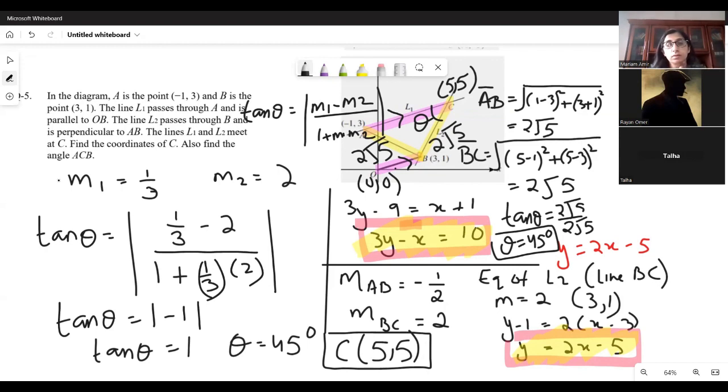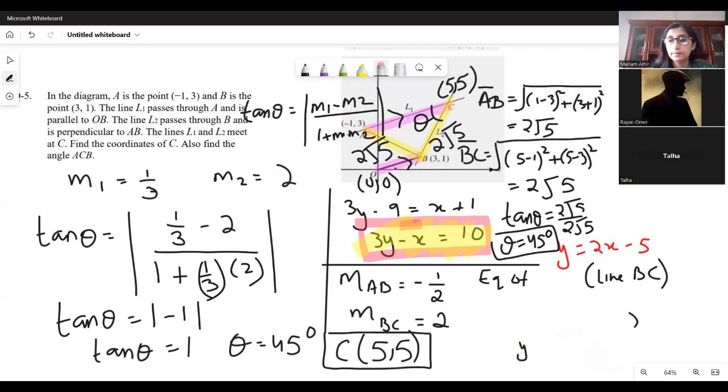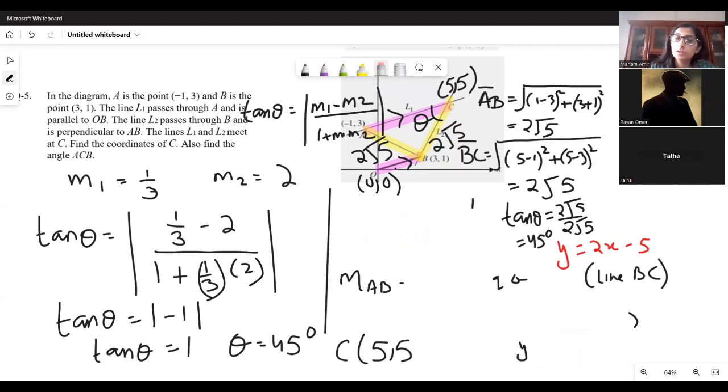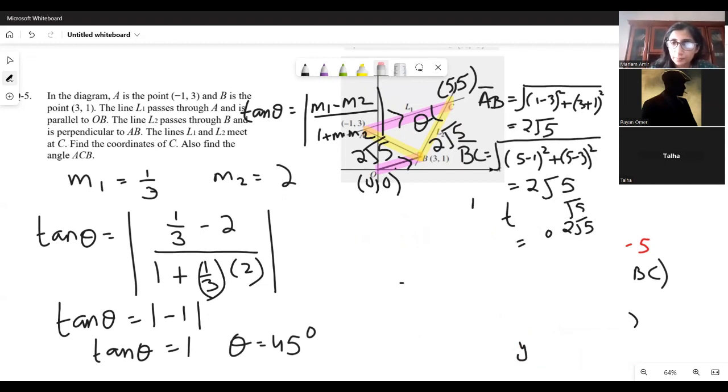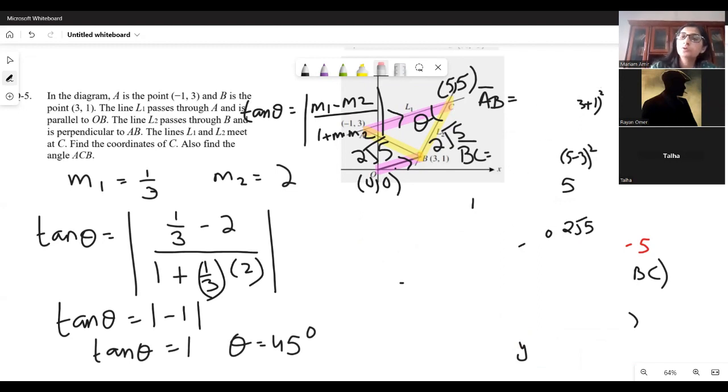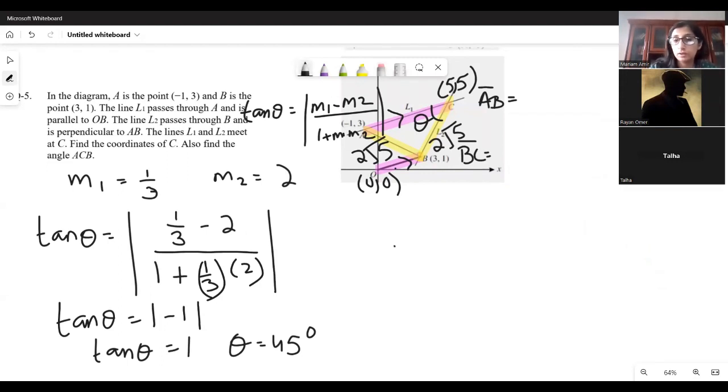There was another way of finding the angle in this particular question. ये हमने देख लिया कि it's an isosceles triangle, right? When you found the distance of AB and BC, both of them came out to be 2 under root 5. That means this is an isosceles triangle.